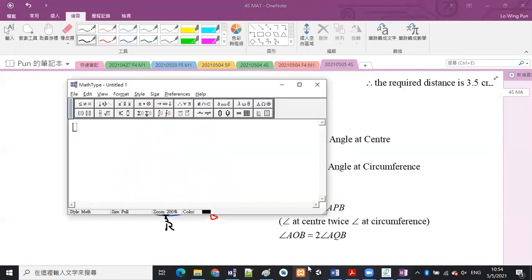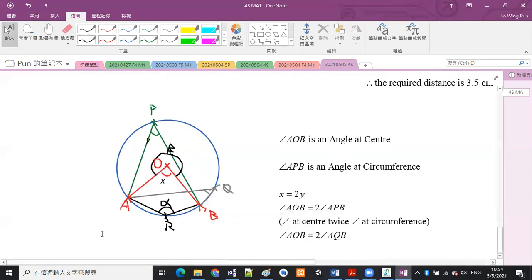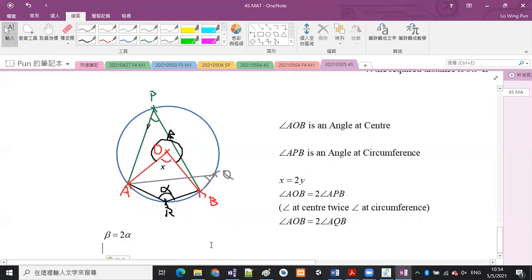In this case, beta will be equal to 2 times alpha. Using the same reason, angle at center twice angle at circumference.